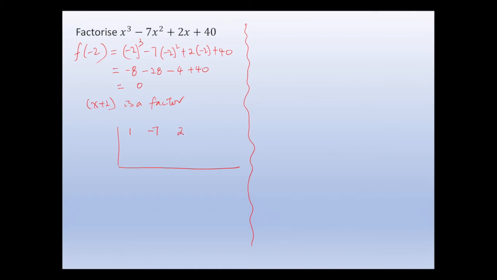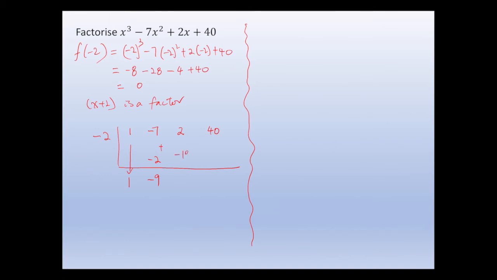Alright, doing the synthetic division, I've got 1 x cubed minus 7x squared plus 2x plus 40. And then minus 2 is the number I want. Alright, so bring 1 down. Minus 2 times 1 will give me minus 2.